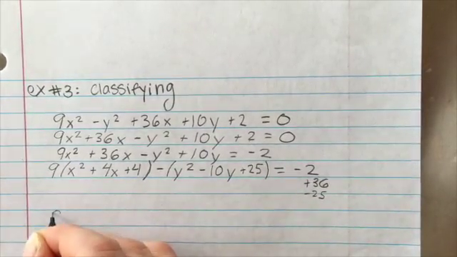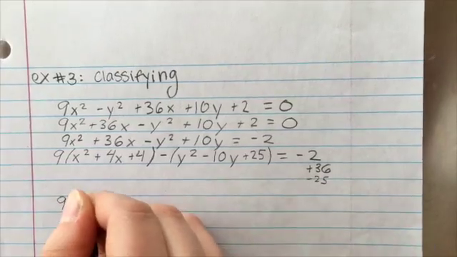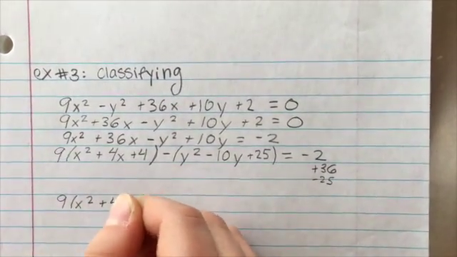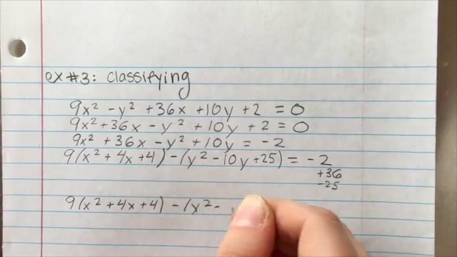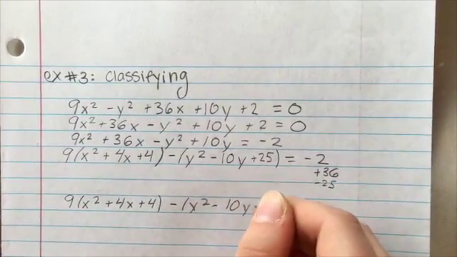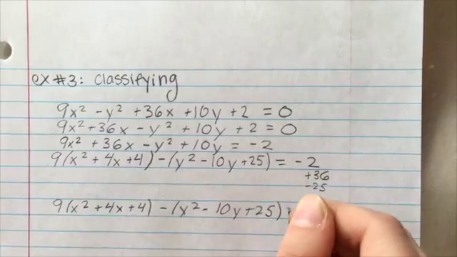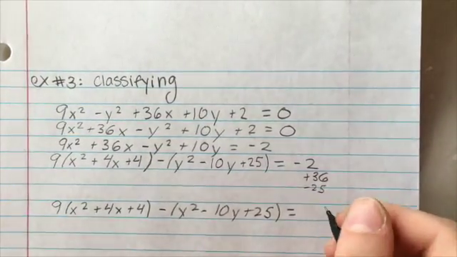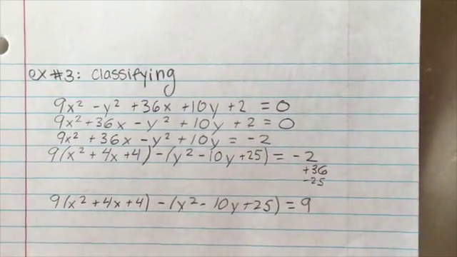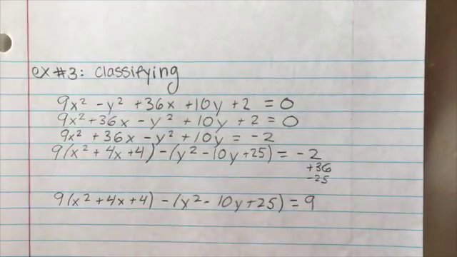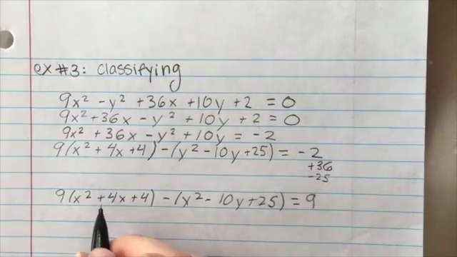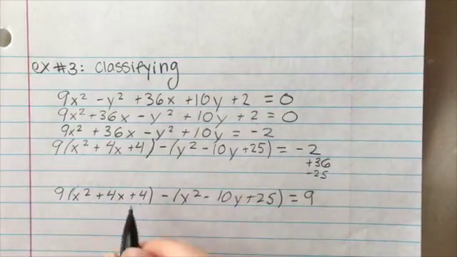So if you simplify that out, keeping these exact same things the same here, negative 2 plus 36 minus 25 equals 9. Okay, and then the next step here is to factor this equation.